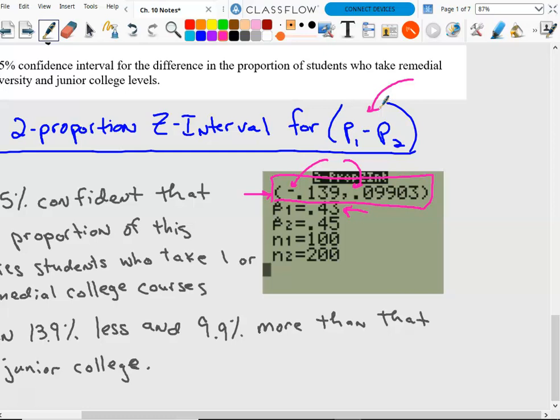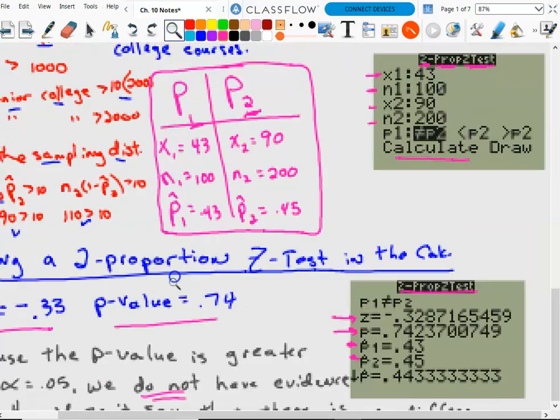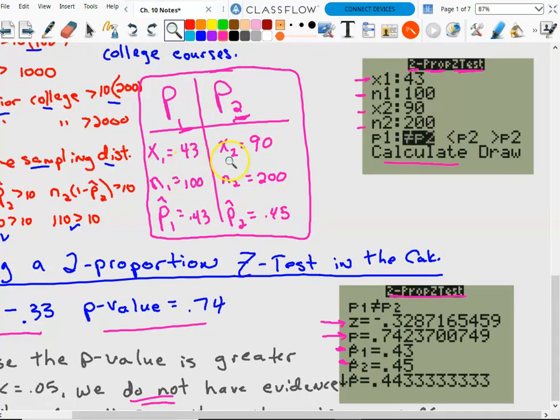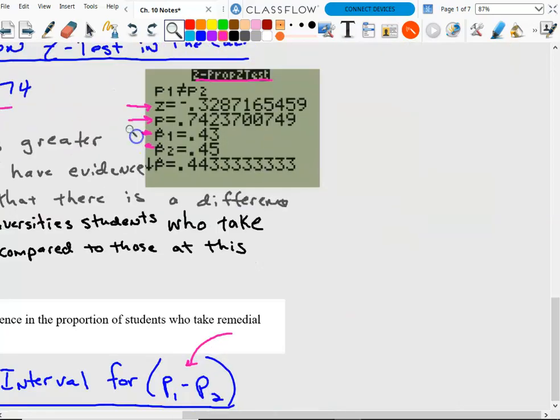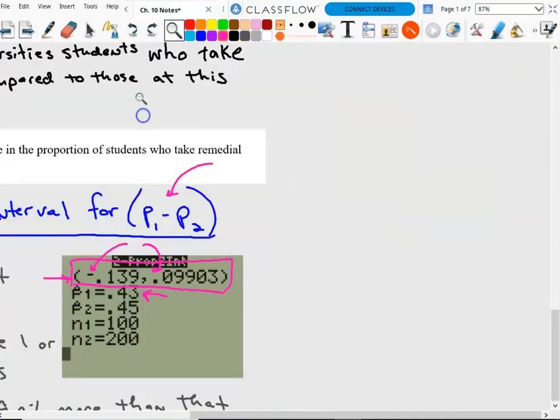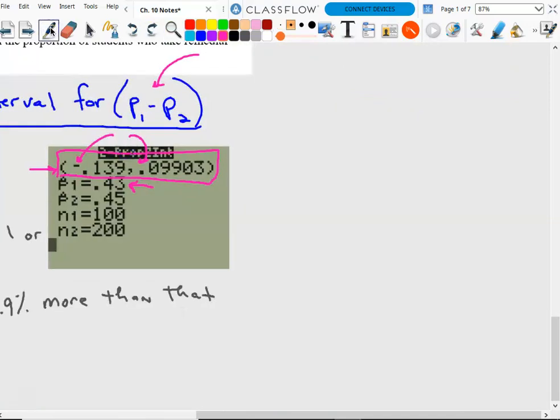And if I would have switched these guys and called the JC P1 and the university P2, the answer I would have gotten would have been the same p-value in this case, but the interval would have been negative 0.099 to positive 0.139.